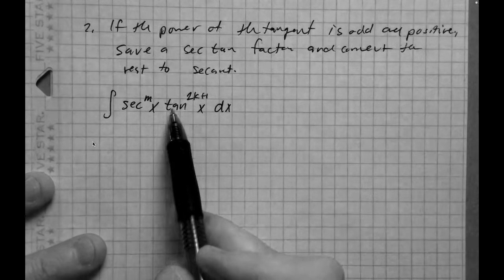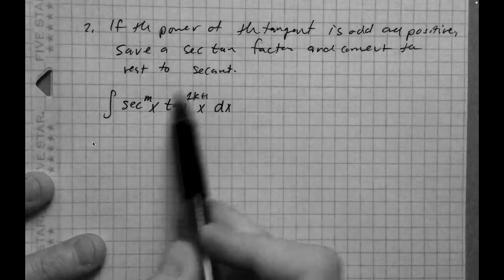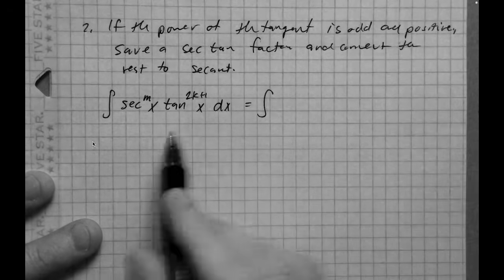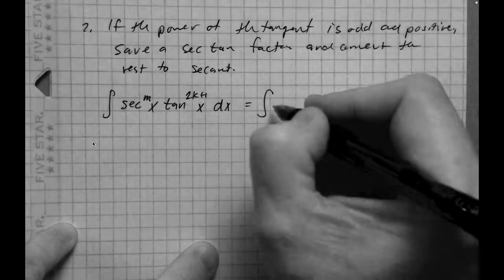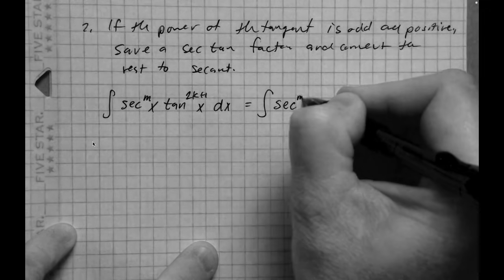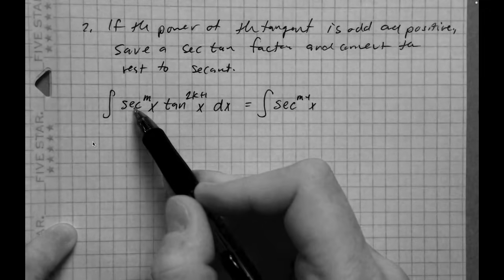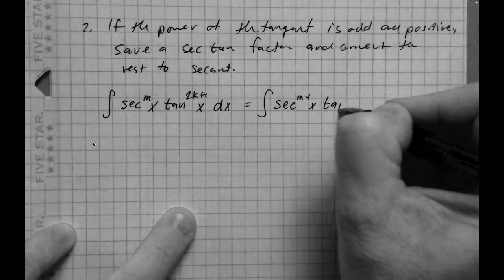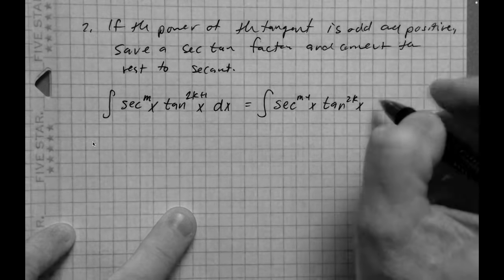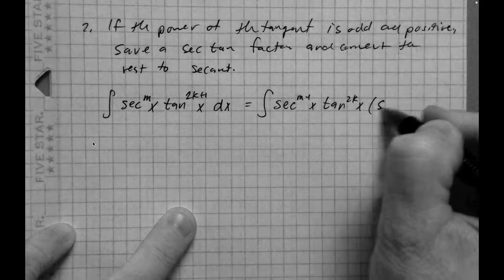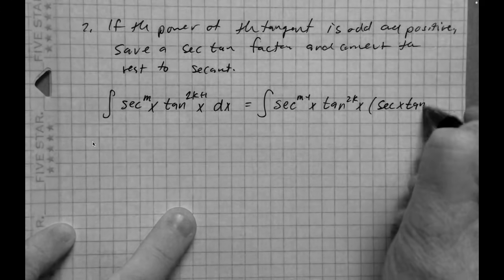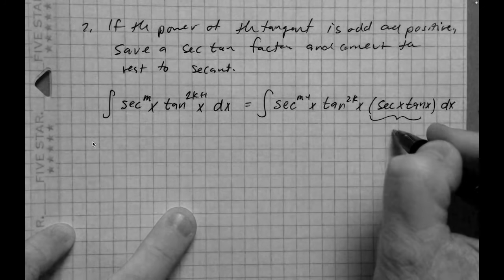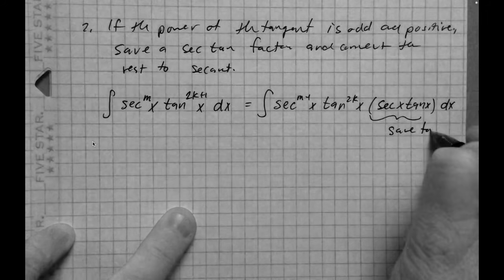So tangent is odd. We want to retain a secant tangent factor. That means we'll have secant to the m minus 1, tangent to the 2k x, and left over secant x tangent x. This part here we want to save for the du.